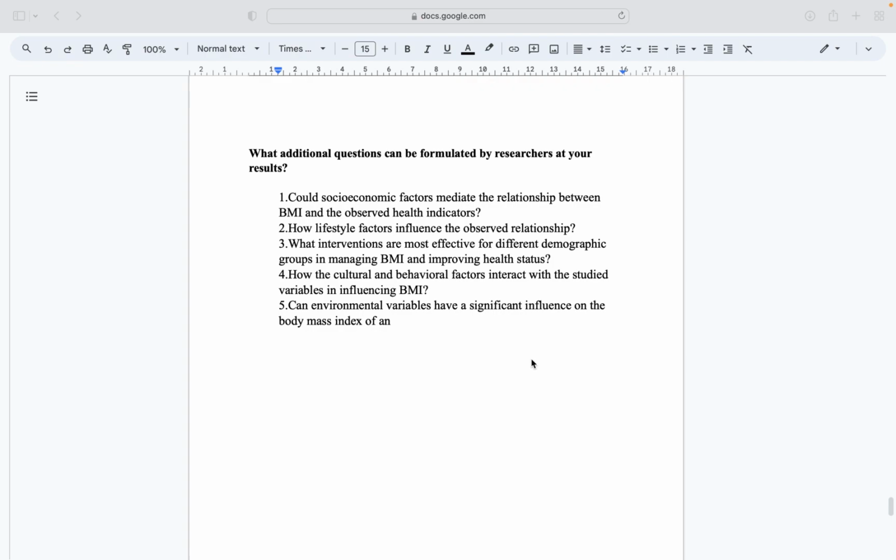The third question: what interventions are most effective for different demographic groups in managing BMI and improving health status? Question number four: how do cultural and behavioral factors interact with the studied variables in influencing BMI? And the fifth question: can environmental variables have a significant influence on body mass index?